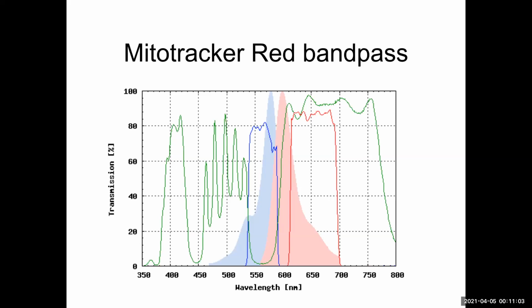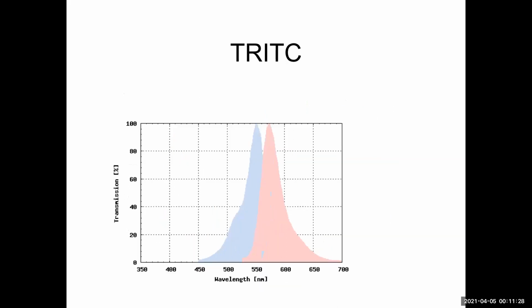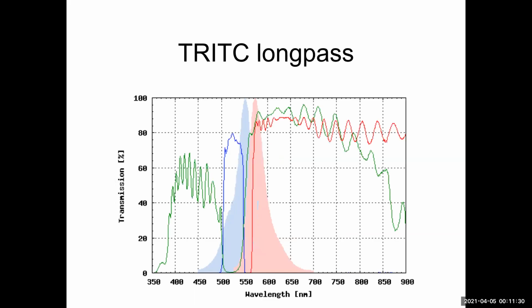You're giving it the color it prefers, but you're really not capturing the color that is mostly coming off of it, but you're making up for it by using a nice fat band pass. Usually red is your last color, so you can have a band pass or a long pass on the red. And then the mirror, we're going to check, yeah, that looks like the right mirror for this set. Everything's good.